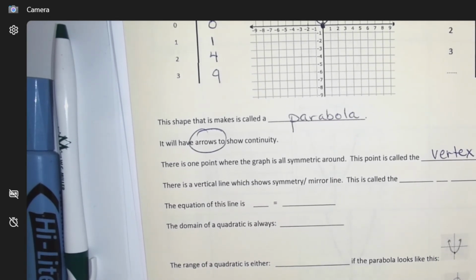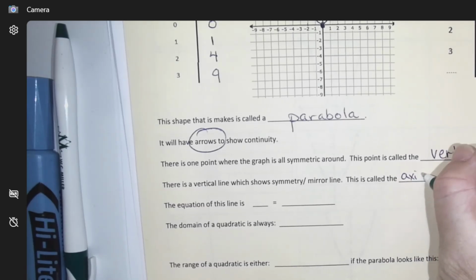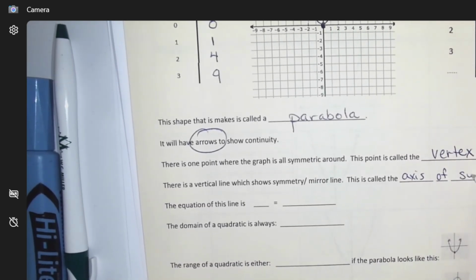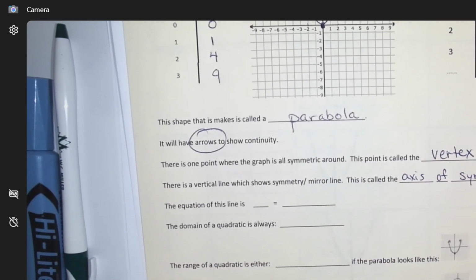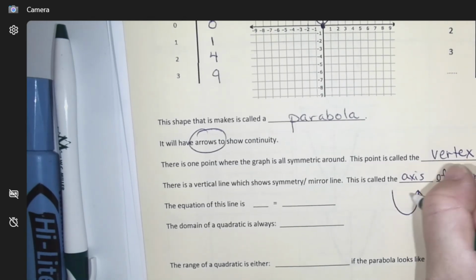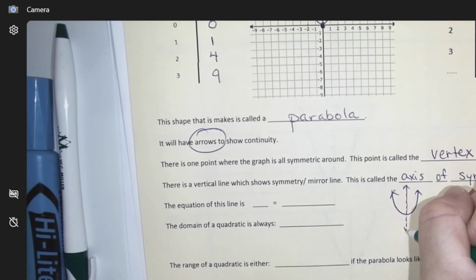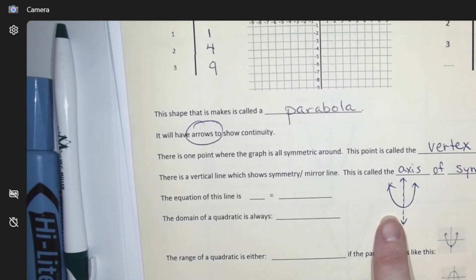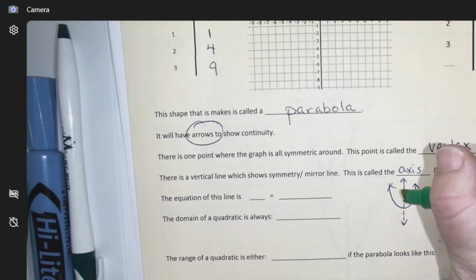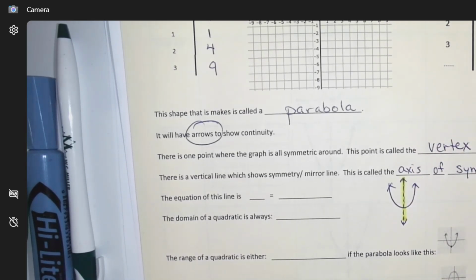We're going to have a line where we can fold it in half, and that's called the axis of symmetry. So this would be what I'm talking about, an axis of symmetry. Hey, I could cut this thing in half and fold it, and it would be on top of each other, symmetric, right?